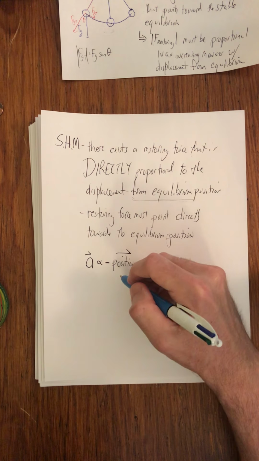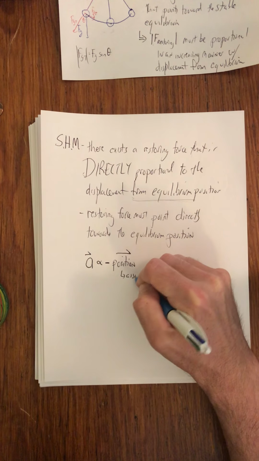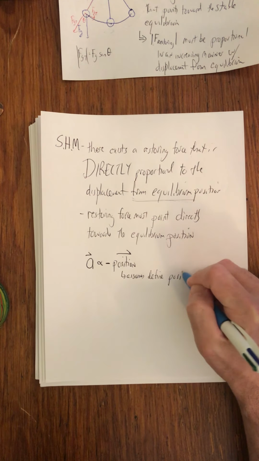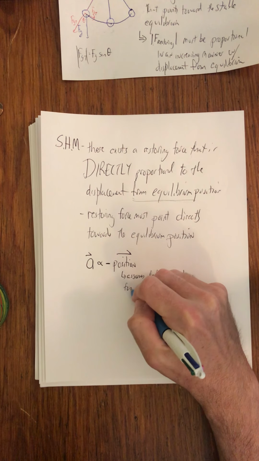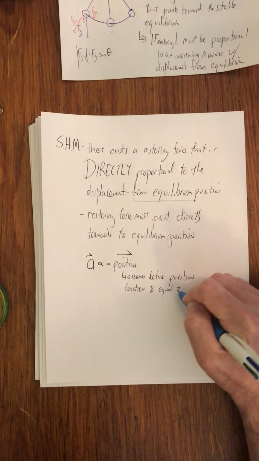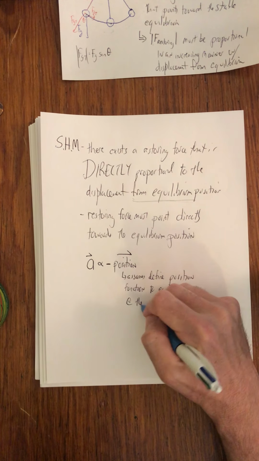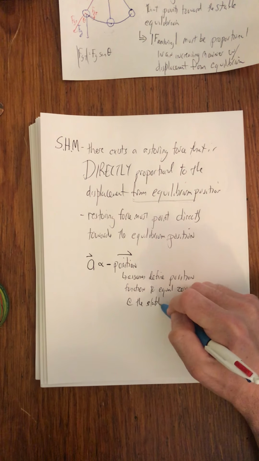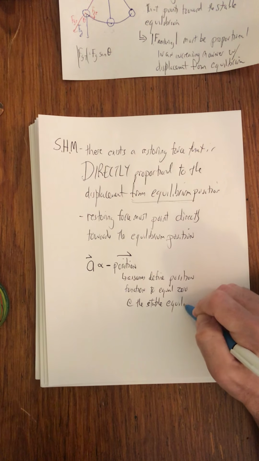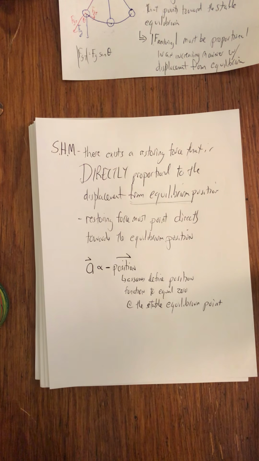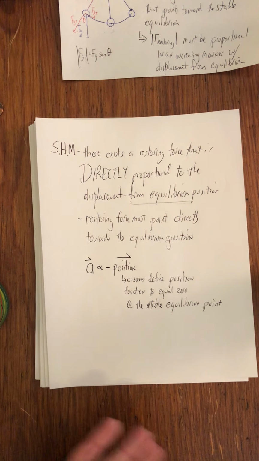So this equation assumes that we define the position function to equal 0 at the stable equilibrium point. Okay? So that's that. Now, why am I being all sorts of vague here?